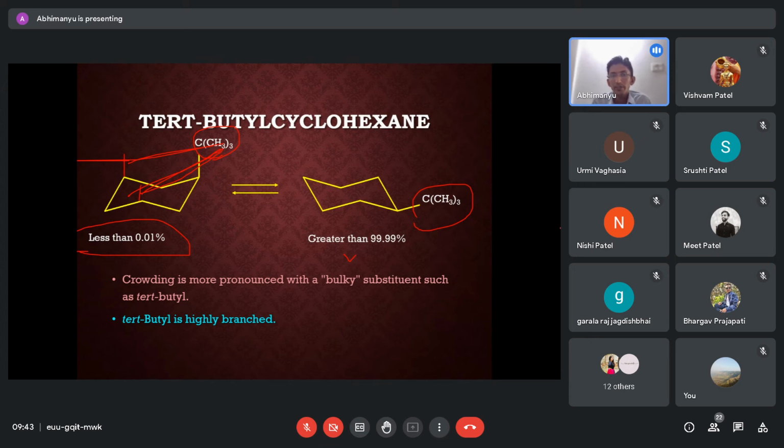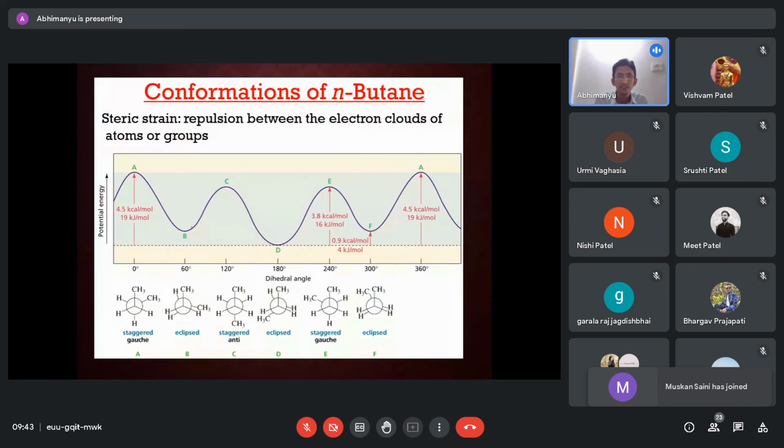So the stability of the axial and equatorial depends upon the group.